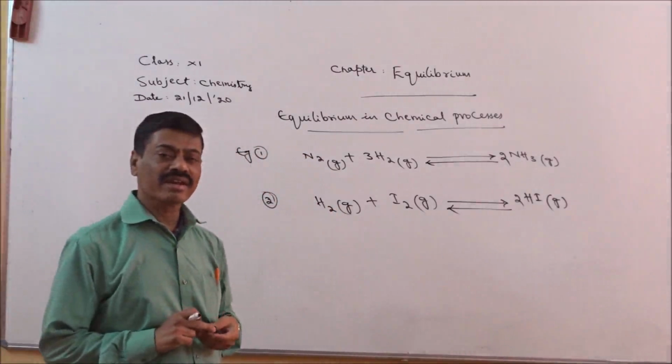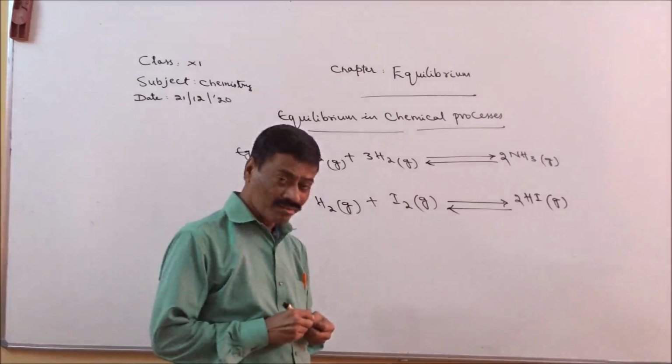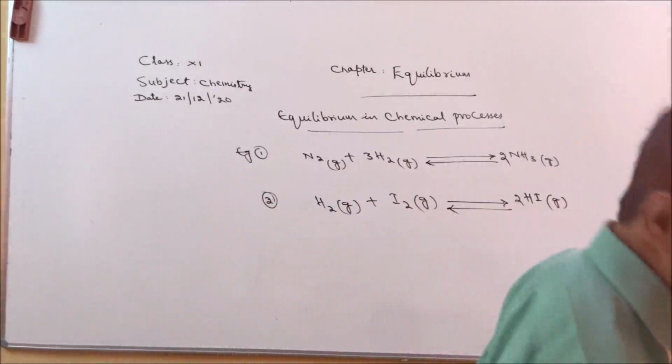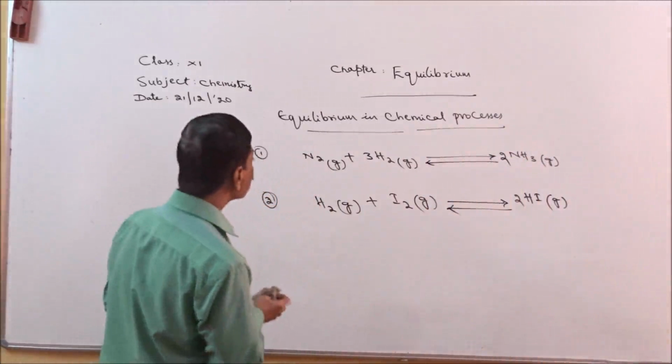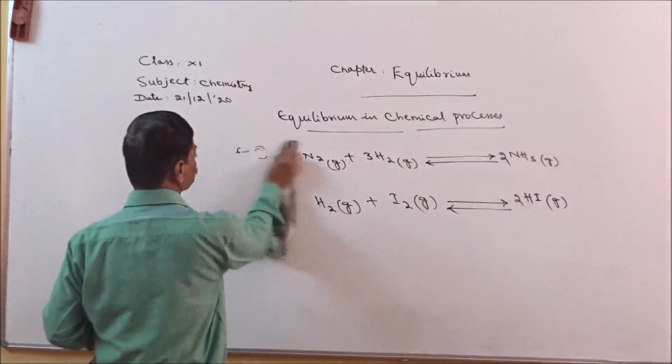In chemistry, rate, speed and velocity mean the same. So that's about chemical reactions in chemical processes, and how equilibrium is achieved in chemical processes.